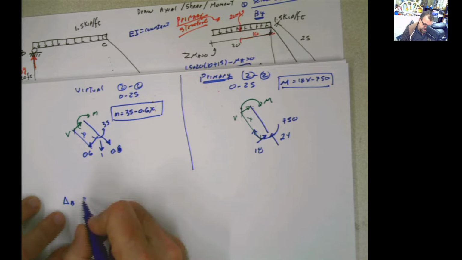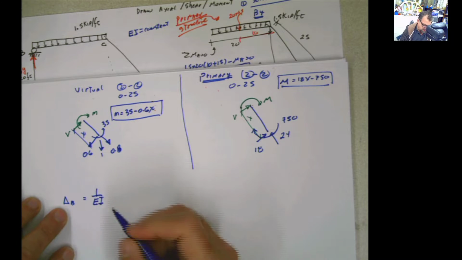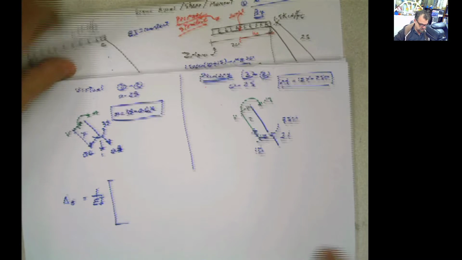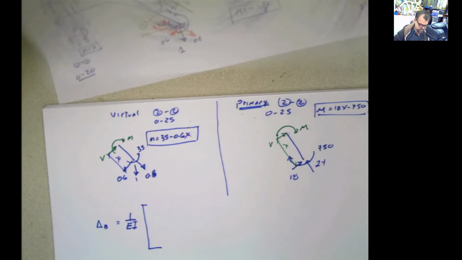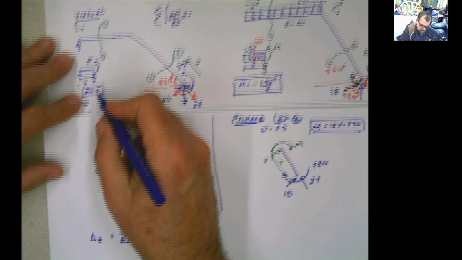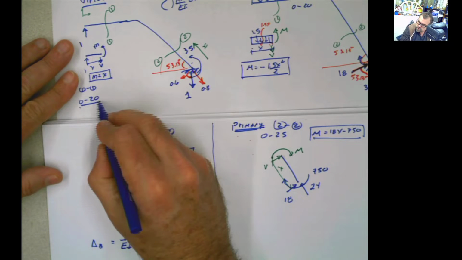Then I can take EI out of the equation. So it's going to be 1 over EI times the summation of this. This is the virtual x, 0 to 20.